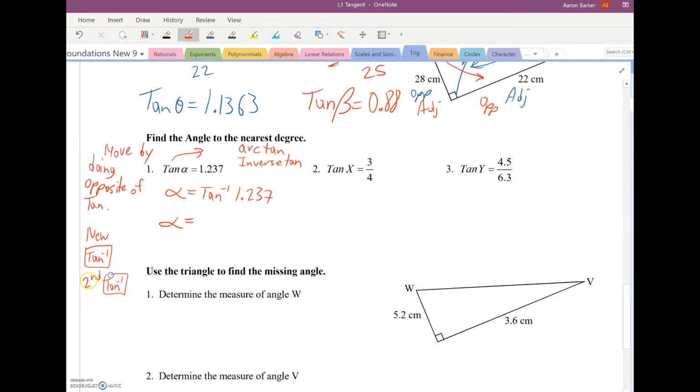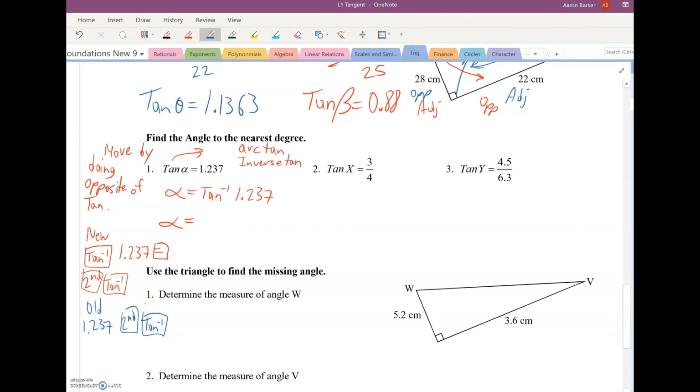Then you press 1.237 and you press equals, and the answer pops up. For the old school calculators, you would simply enter 1.237, then go second function so that the tan negative 1 pops up, and then press tan negative 1.